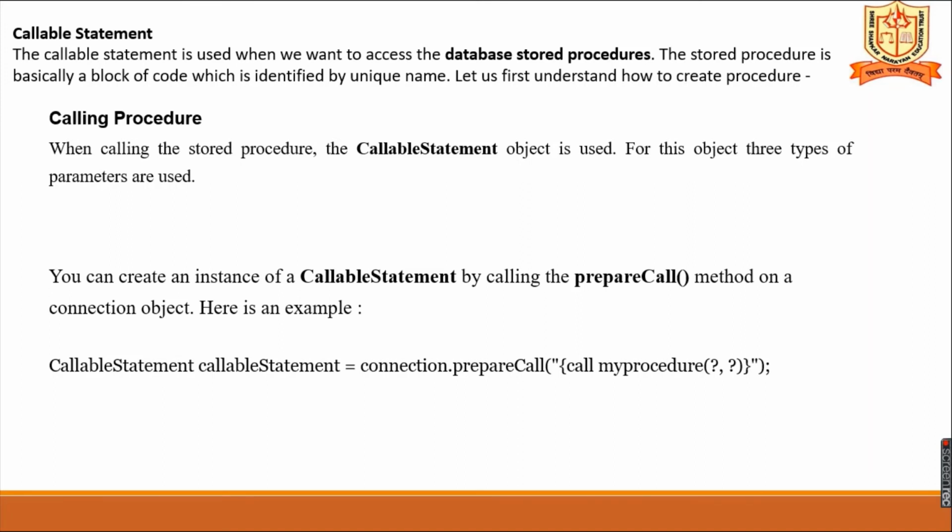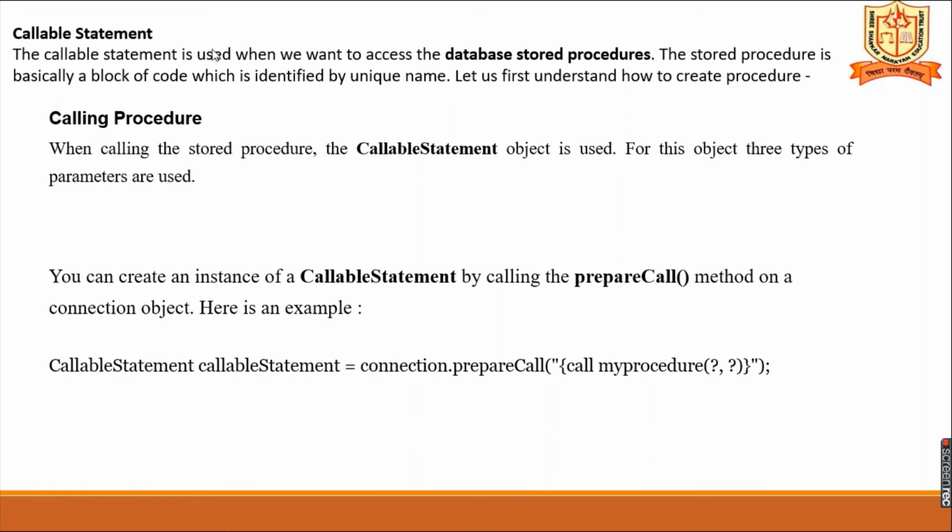Is it clear? A stored procedure is basically a block of code identified by a unique name. Already you know procedures and functions from C++ and so on. So this block of a set of queries is given a unique name.